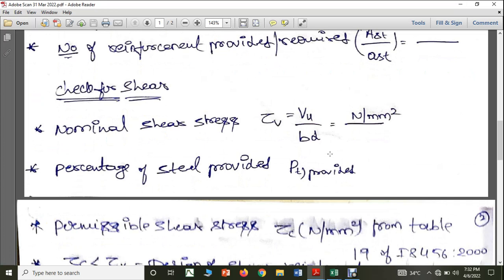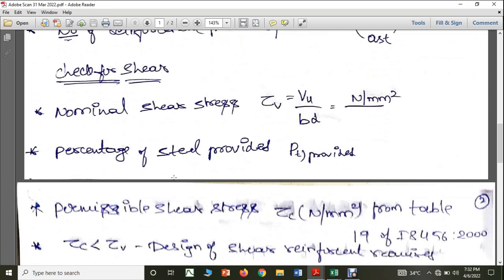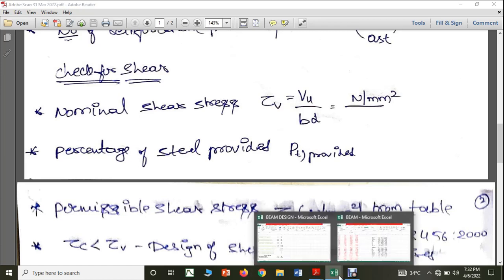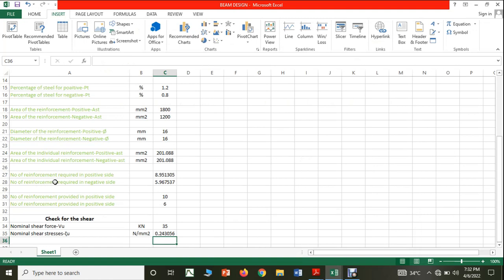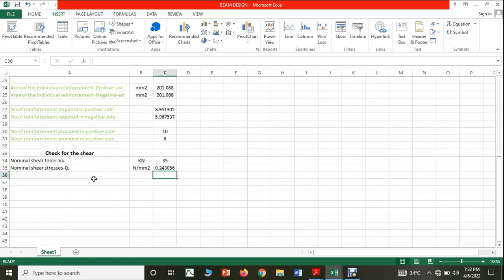Once you get that, you need to know the percentage of steel provided. You can see that you will get the number of reinforcement required on the positive side and on the negative side. So here you consider the number of reinforcement required.